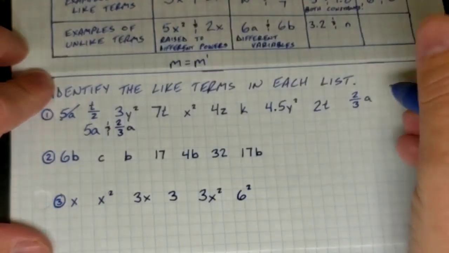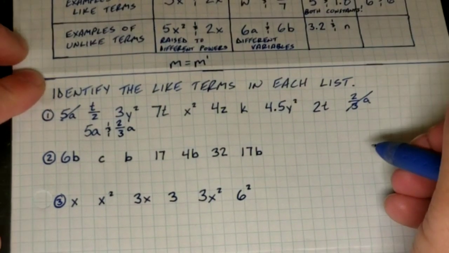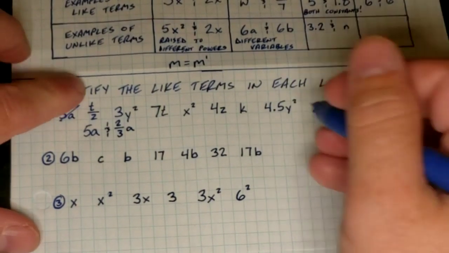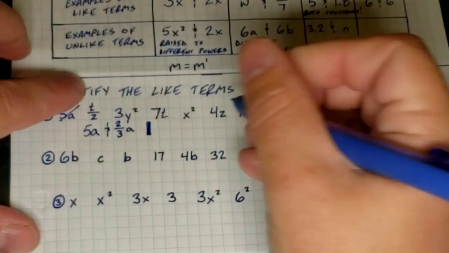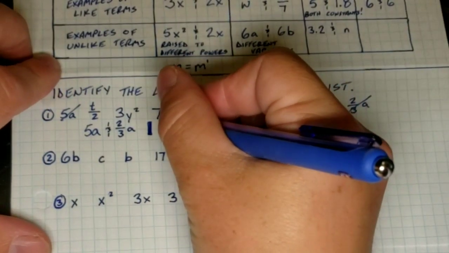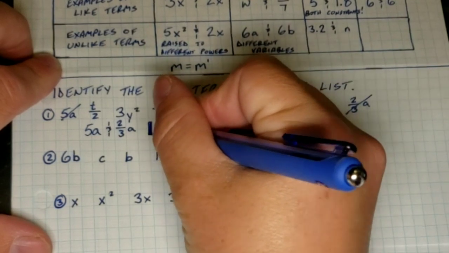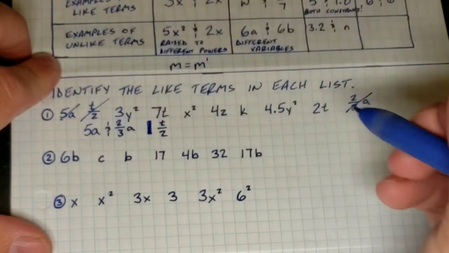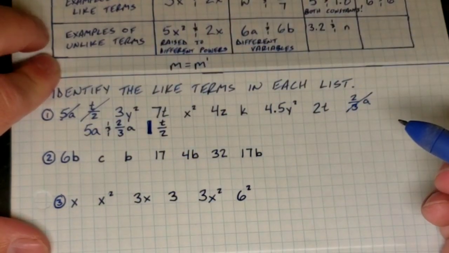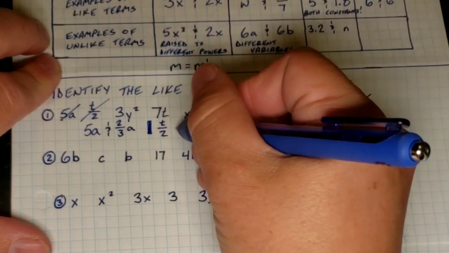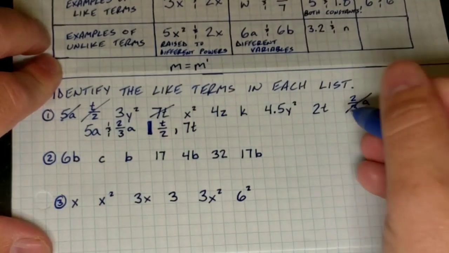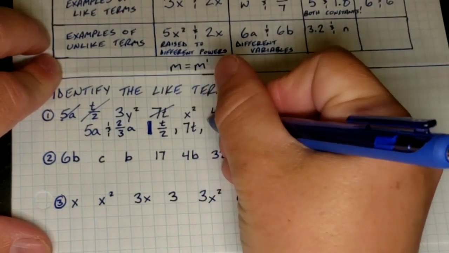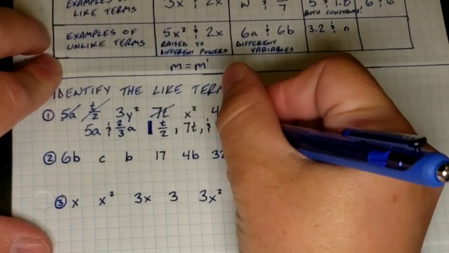So 5a and 2/3 a are like terms. What about the t divided by 2? Are there any other t terms? Well, we've got a 7t and we've got a 2t.